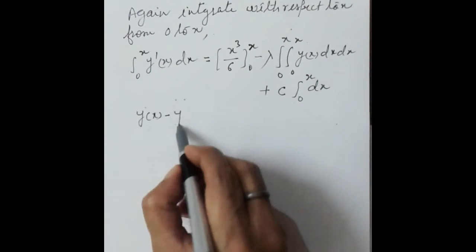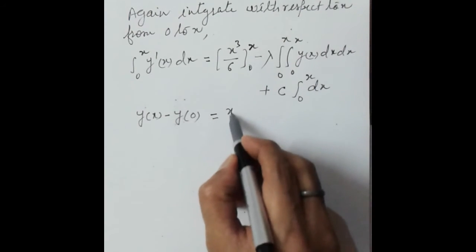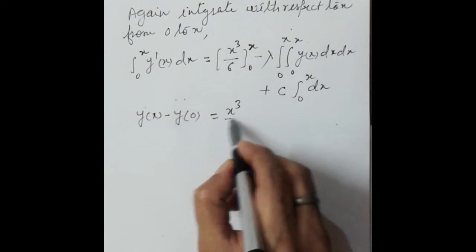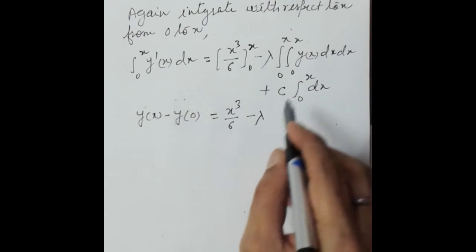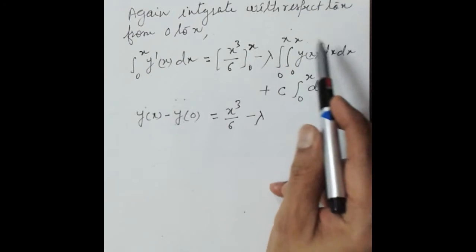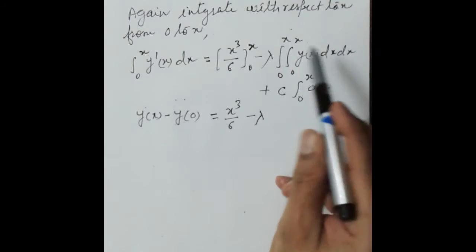So y(x) minus y(0) equal to x cube by 6 minus lambda. This double integral can be converted into single integral.